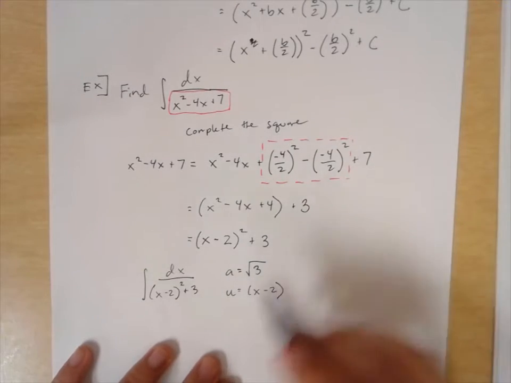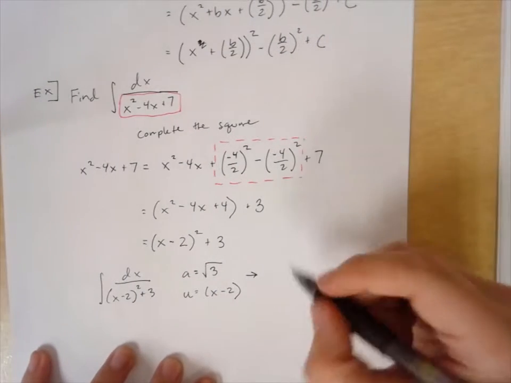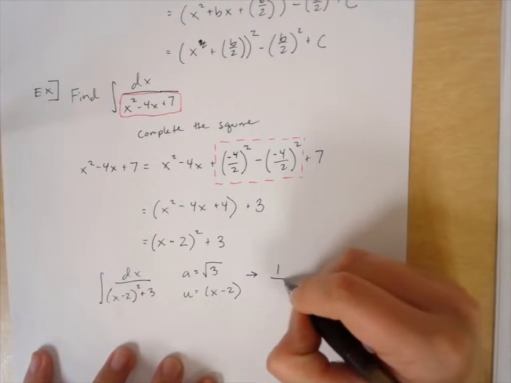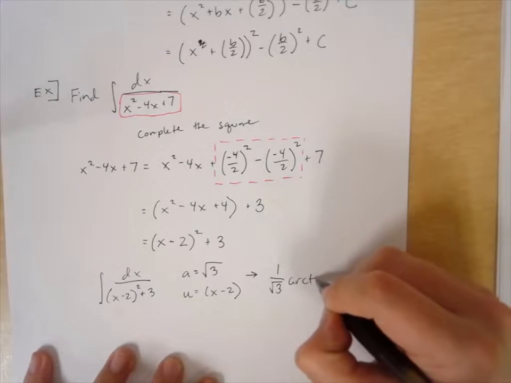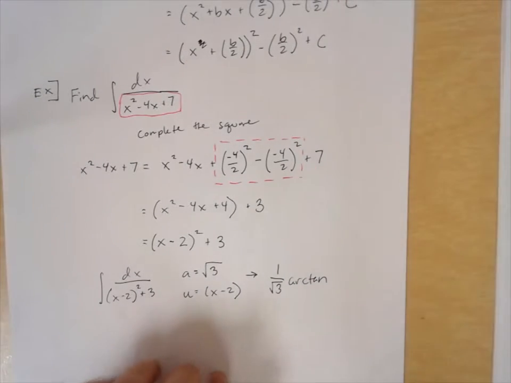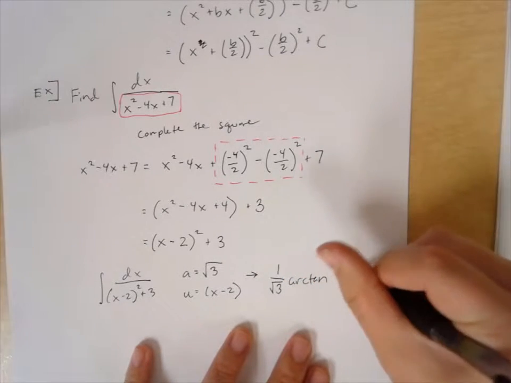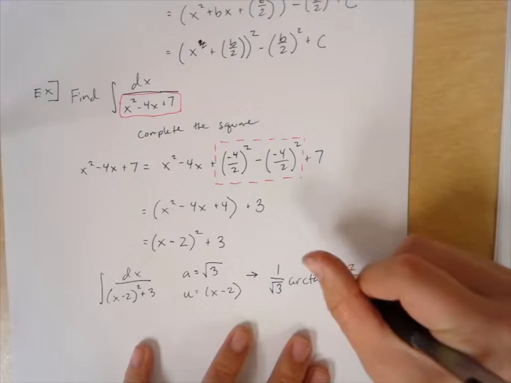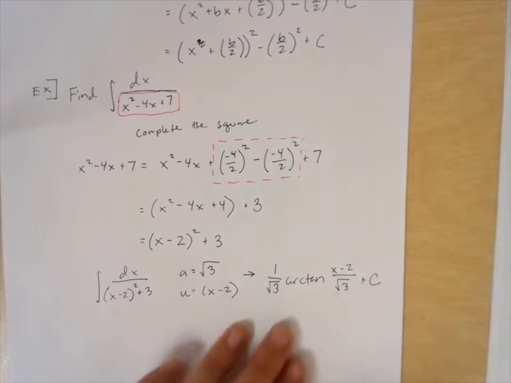And when I use that information, I can rewrite my integral as 1 over A, 1 over radical 3, arctangent, U over A, so x minus 2 over radical 3 plus C. And now I'm done. Let's try another one.